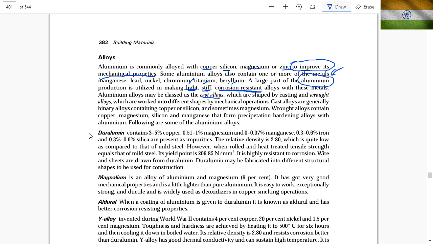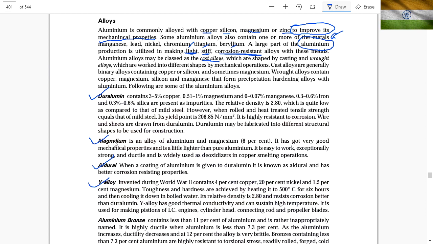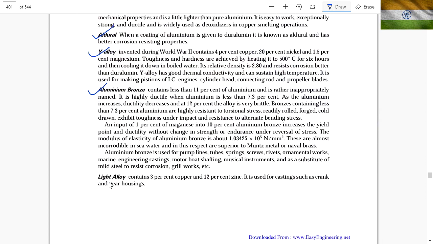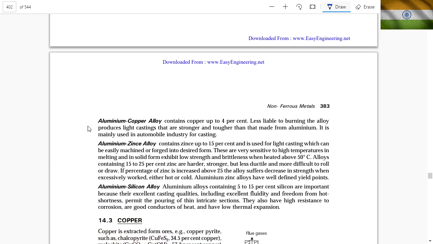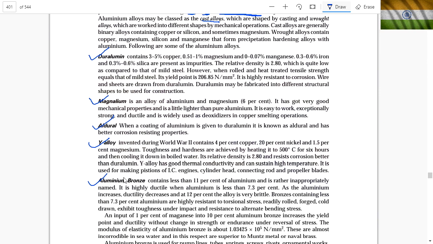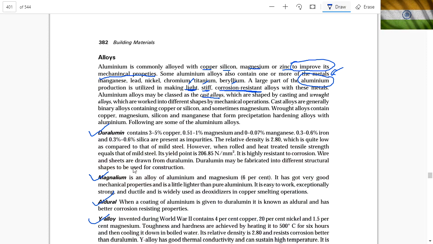This is duralumin, this is magnalium, aldural, Y alloy, aluminum bronze, then light alloy, then aluminum copper alloy, aluminum zinc alloy, aluminum silicon alloy. So these are the alloys. It differs as per the contents.